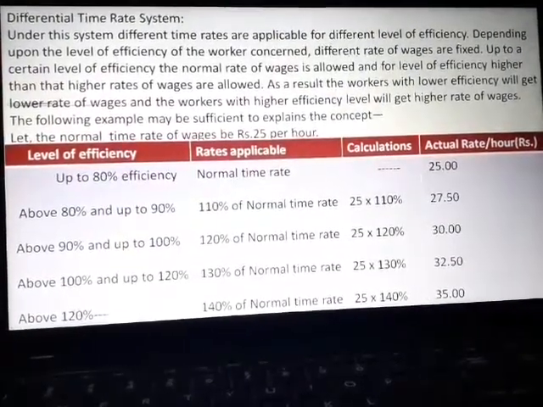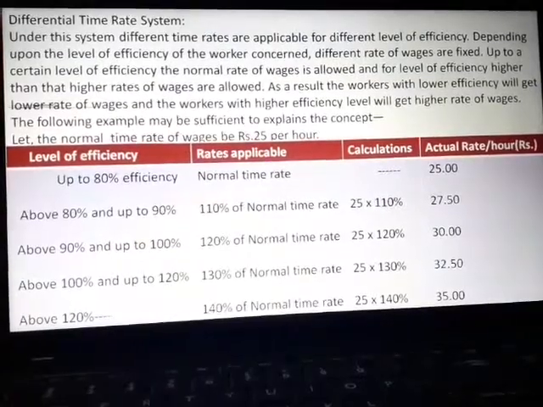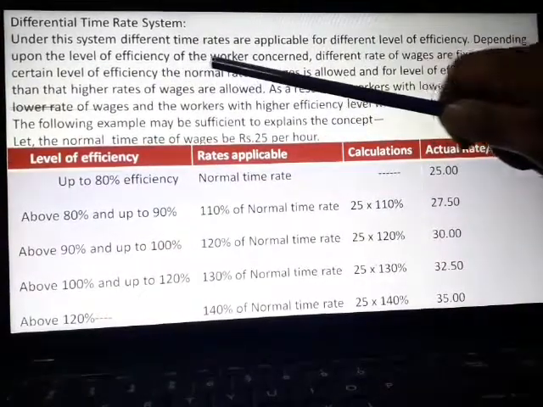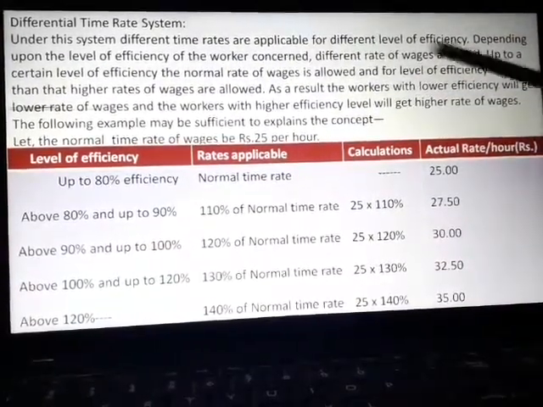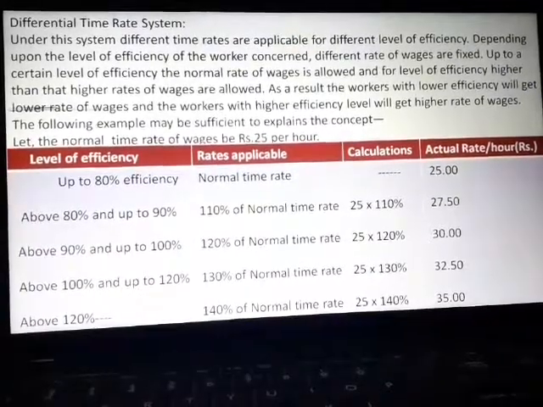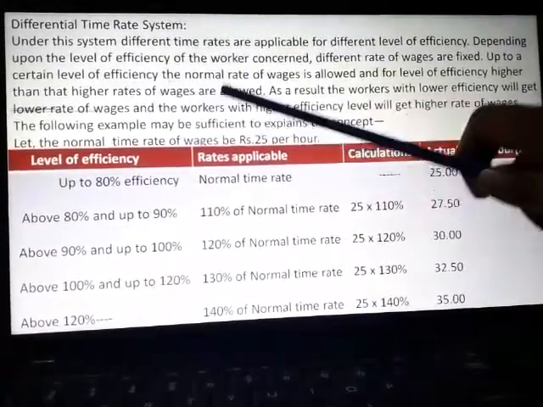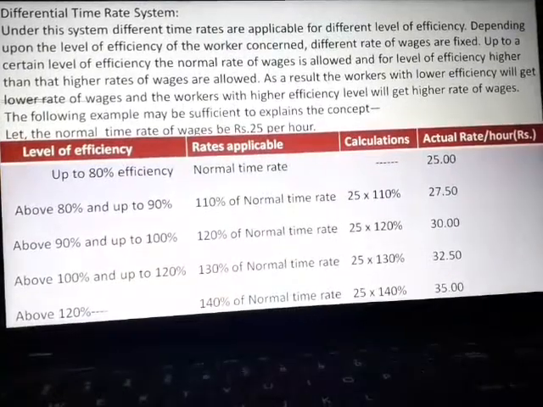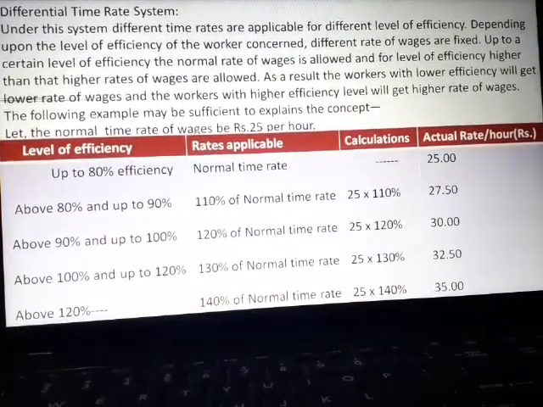Then it is called the differential time rate system. Depending upon the level of efficiency of the workers concerned, different rates of wages are fixed. Up to a certain level of efficiency, the normal rate of wages is allowed. That is the guaranteed wages.